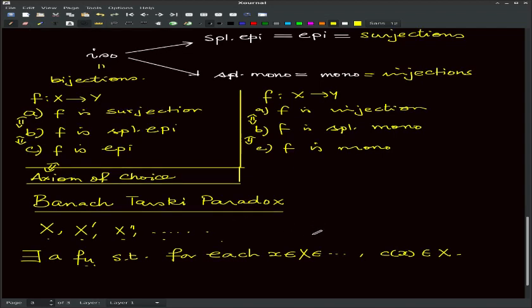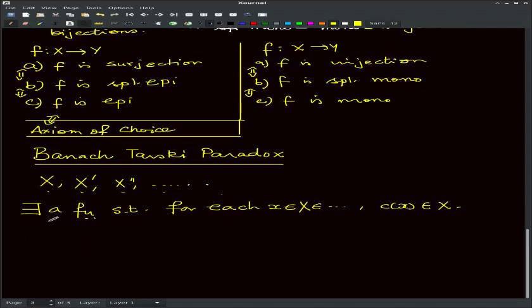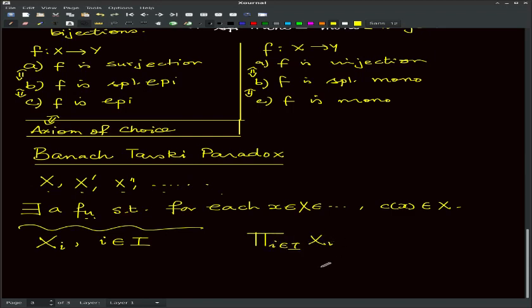In other words, suppose I have a family of sets indexed by I. The product, what is this product?